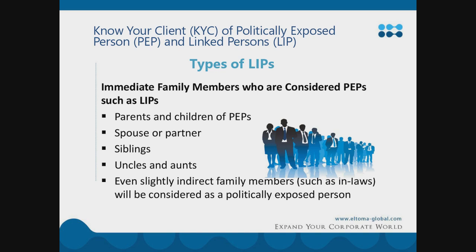Under the law, they will be linked persons because anyway they may be under the influence of this PEP and they may act in the interest of this PEP. So they also will be highlighted as high-risk clients in this matter.